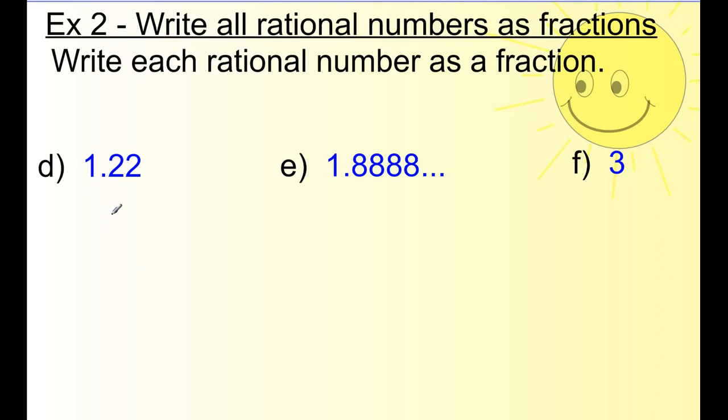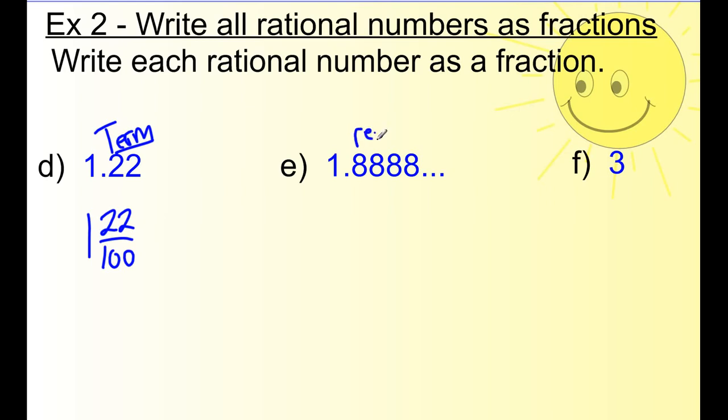Okay, so hopefully you finished these 3, so let's check. The first one here should be 1 and 22 over 100. It's over 100 because remember it's 1 followed by 2 zeros because this is terminating. Because it's terminating, you use a power of 10. 10, 100, 1,000, 10,000.